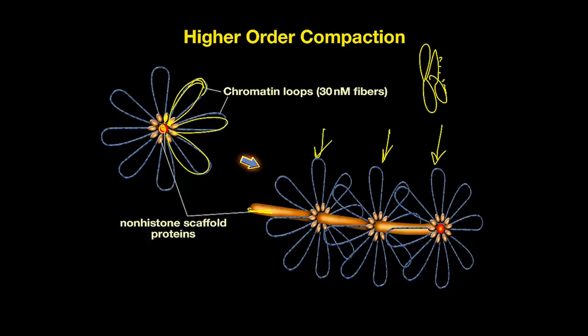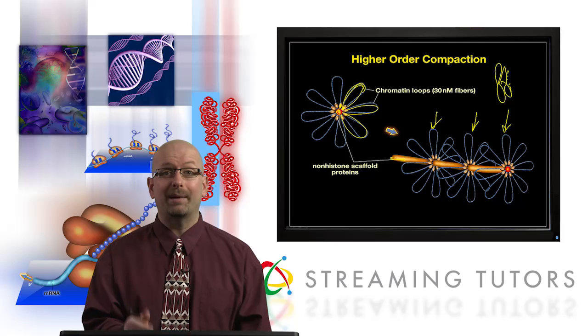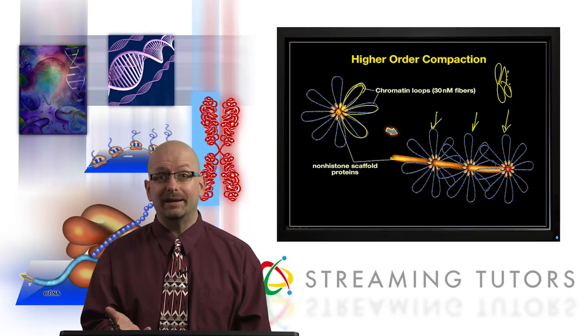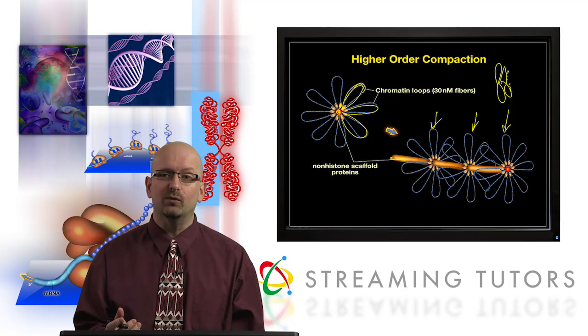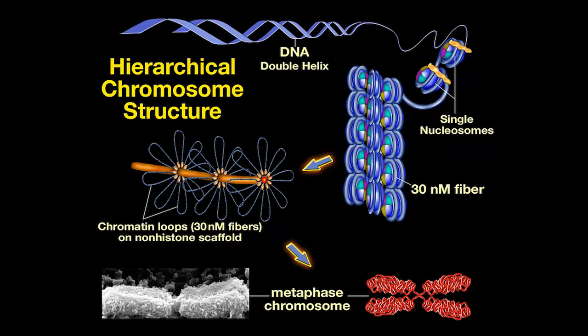So this is the part we know the least about, but this can explain the most compaction that's probably not taking place when the genes are being expressed, but when they really have to get their act together to move during metaphase. So in summary, this is a great picture, I think, and there's a good, real electron microscope picture down at the bottom.